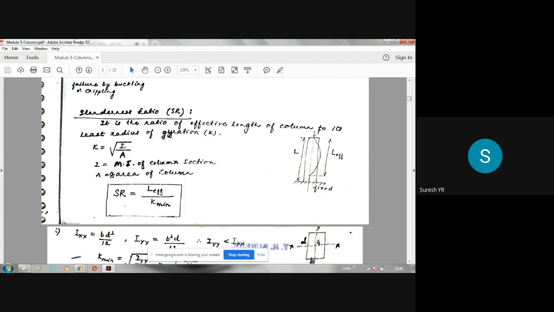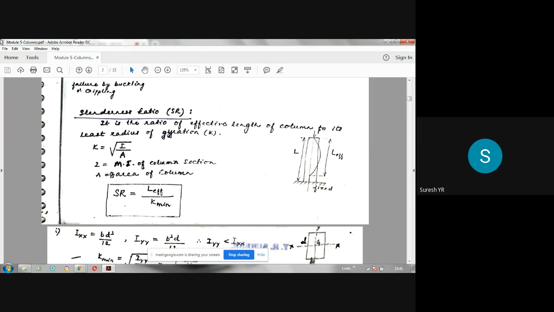Whenever you are calculating moment of inertia, you calculate it about an axis. For example, in a circular column, your moment of inertia is the same in all directions. That means about the x-axis or y-axis, it remains the same because the diameter is the same in both directions. In a square column also, you have the moment of inertia BD cube by 12.